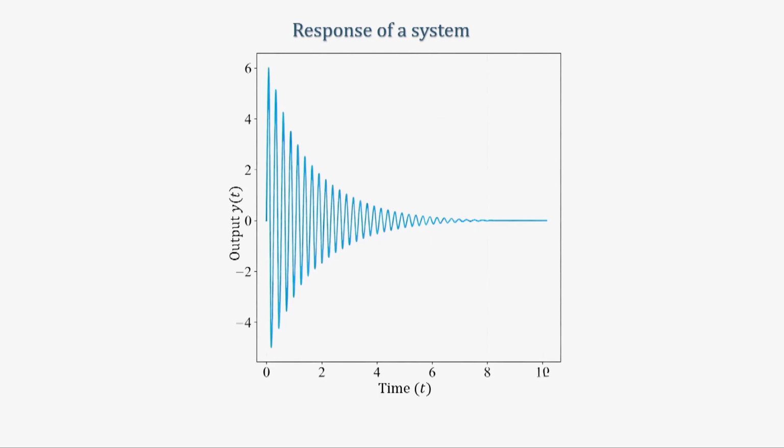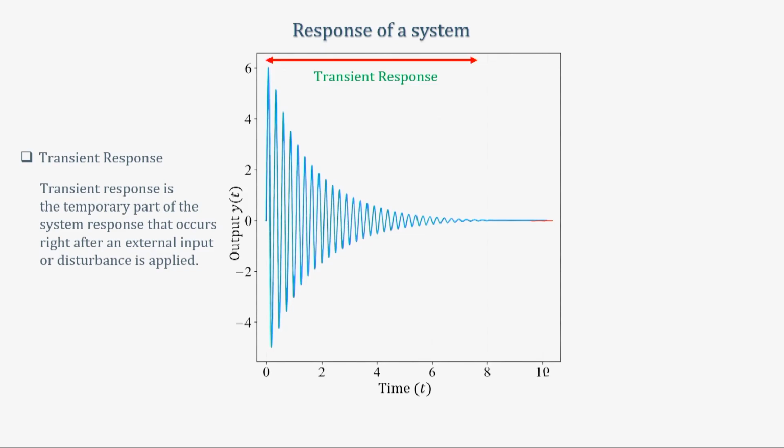You can see that initially the response of this system is quite oscillatory, but after some time it dies down almost, and finally it goes to a value of 0. It may go to some other value also, it is just an example. So, in the initial time, the response of the system has a transient behavior, and that part is known as the transient response of a system.